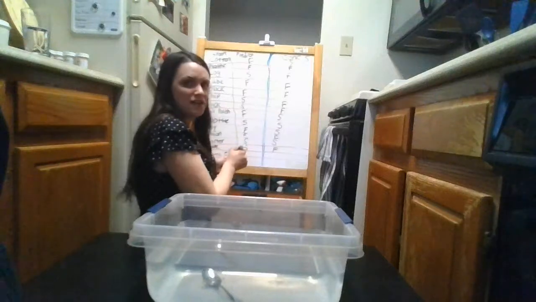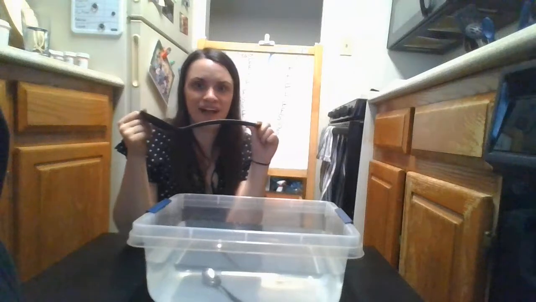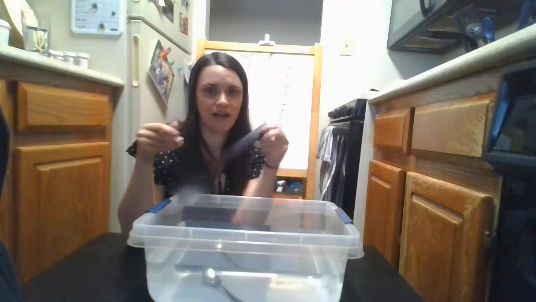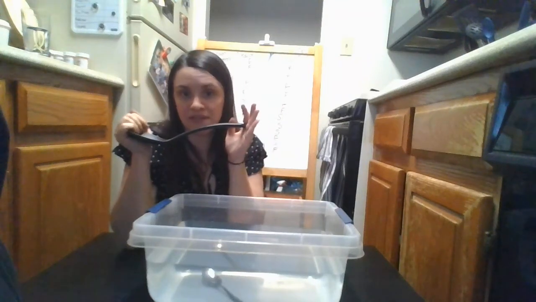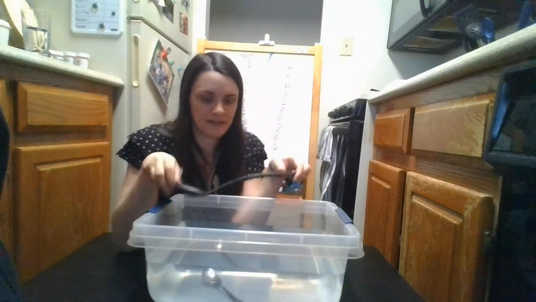But we're going to look at another spoon now. I have a different spoon here. This spoon is made of plastic. So what do you think about the plastic spoon? Is the plastic spoon going to sink or is it going to float? Let's see. I'm going to leave this one here so we can see the difference.